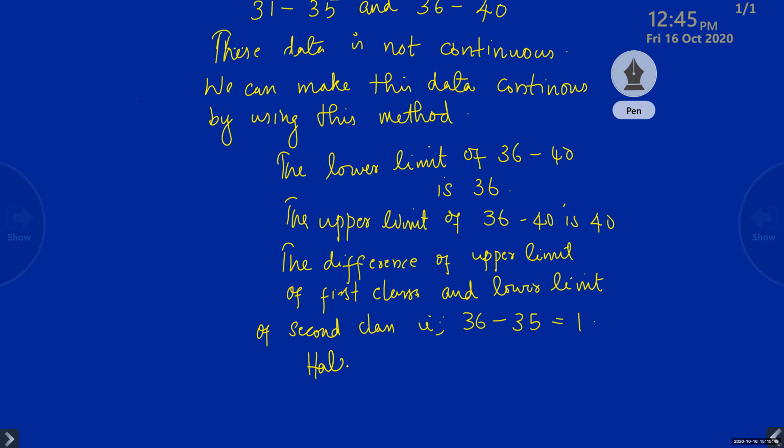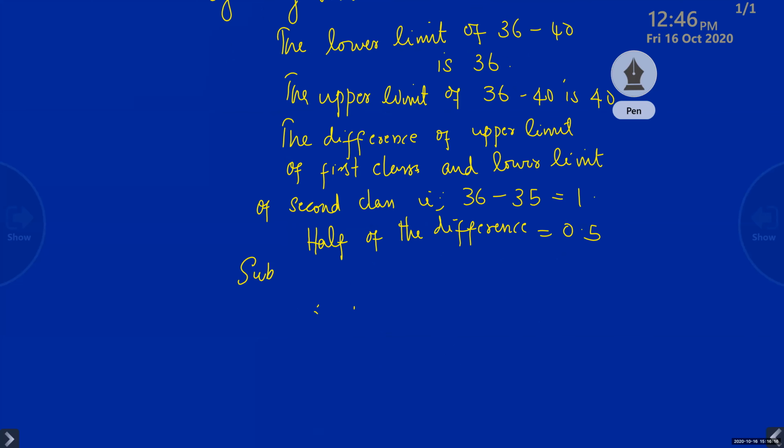Half of the difference equal to 0.5. Subtract 0.5 from each lower limit and add 0.5 to each upper limit.